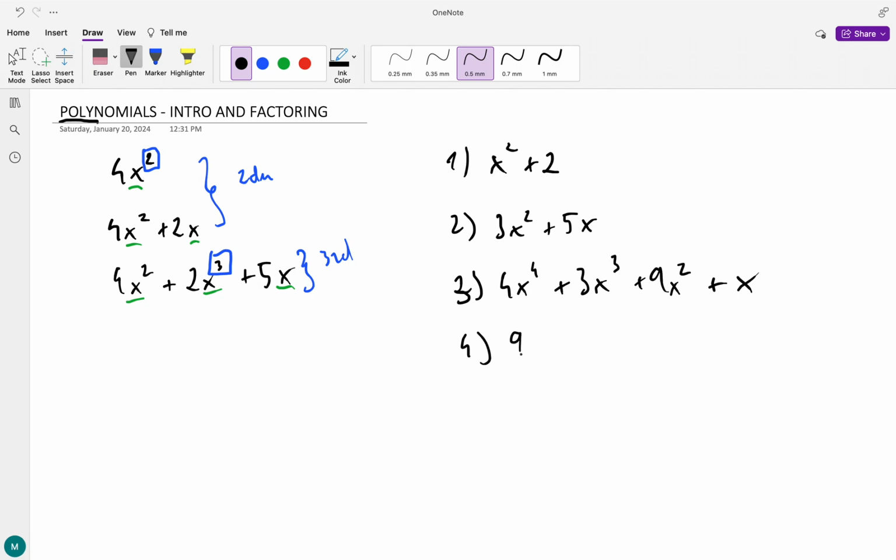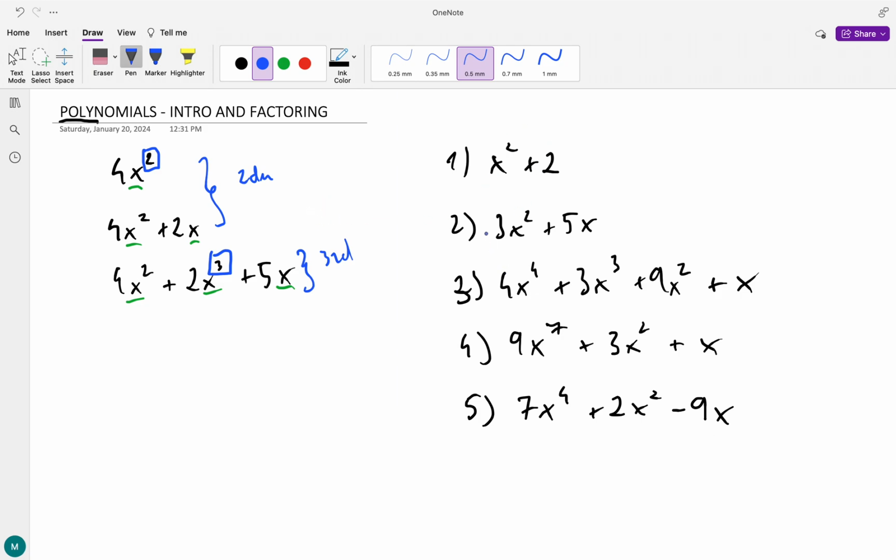Number 4 will be 9x to the seventh plus 3x squared plus x. And number 5 will be 7x to the fourth plus 2x squared minus 9x. Okay.